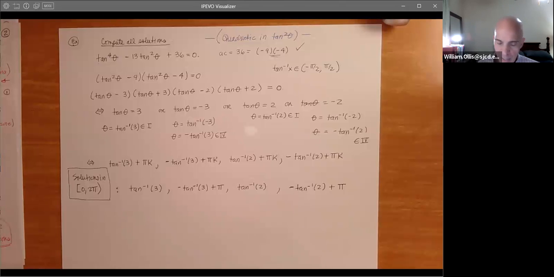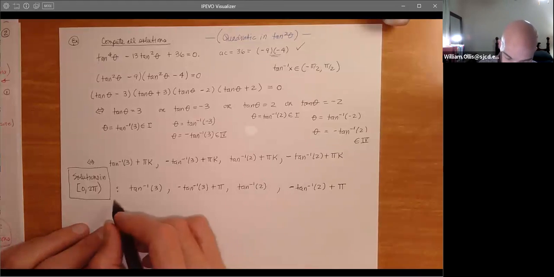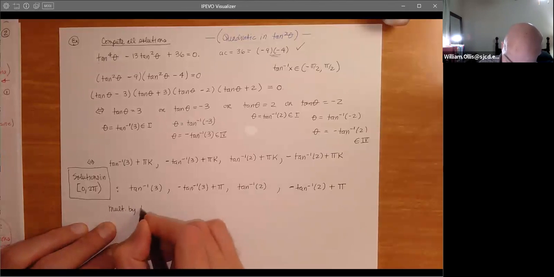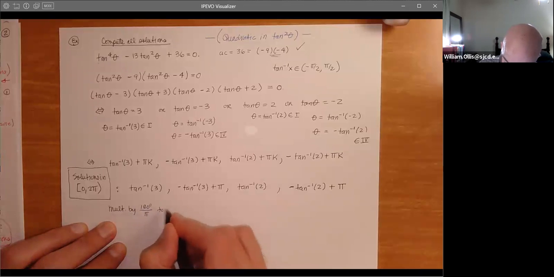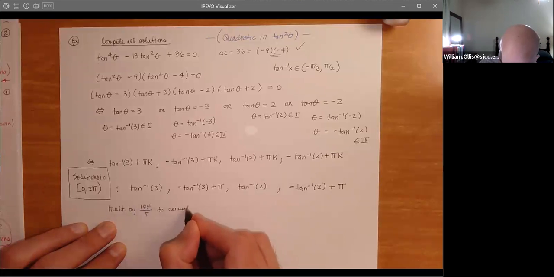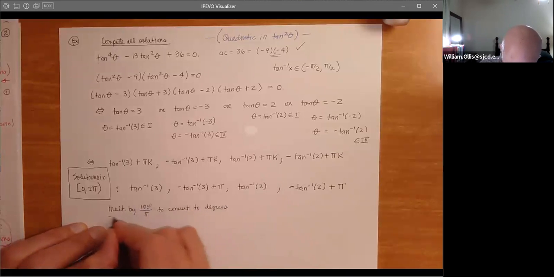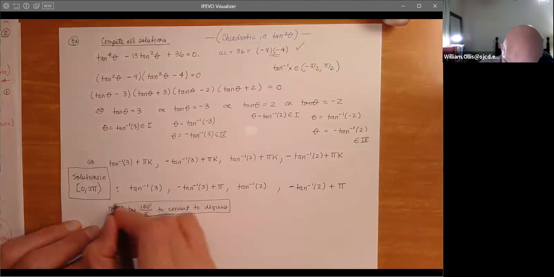So if we need to convert, I'll just say multiply by 180 degrees over pi to convert to degrees. That might be another thing that we need to do.